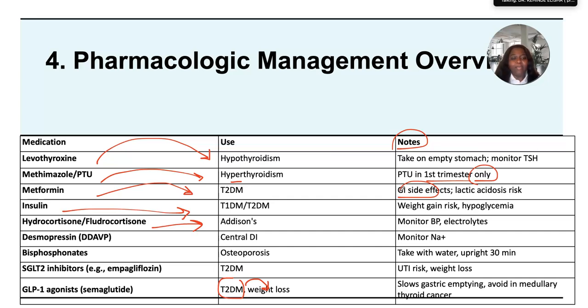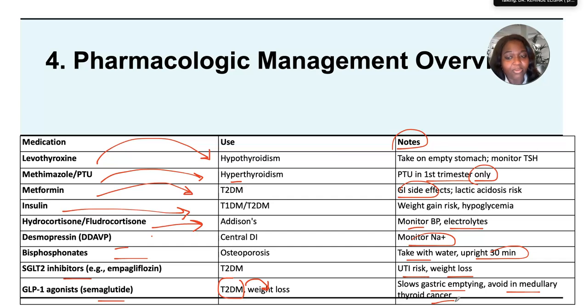Weight gain and hypoglycemia are the very common effects of insulin. What about hydrocortisone? Monitor for blood pressure and electrolytes. Desmopressin, monitor sodium level. Bisphosphonate, you want to take with water and stay upright for 30 minutes. SGLT2 inhibitors, UTI risk, weight loss. What about GLP-1 agonists? Slows GI emptying, avoid in medullary thyroid cancer.